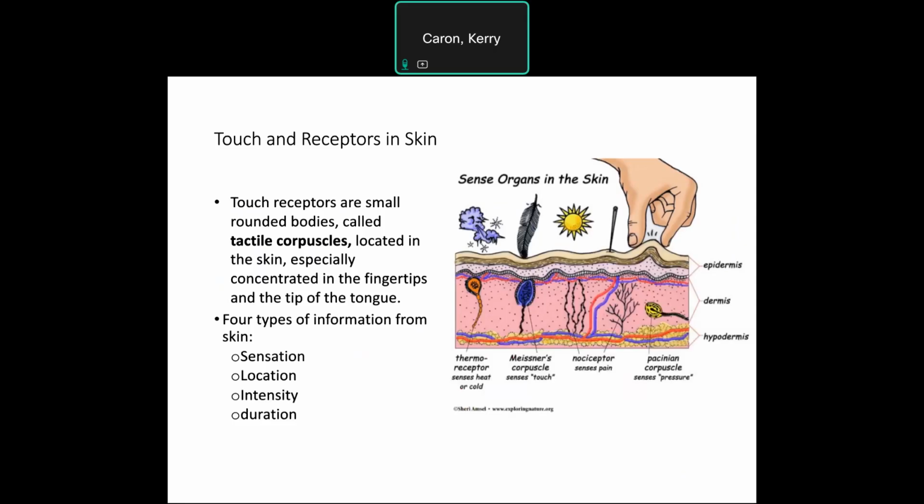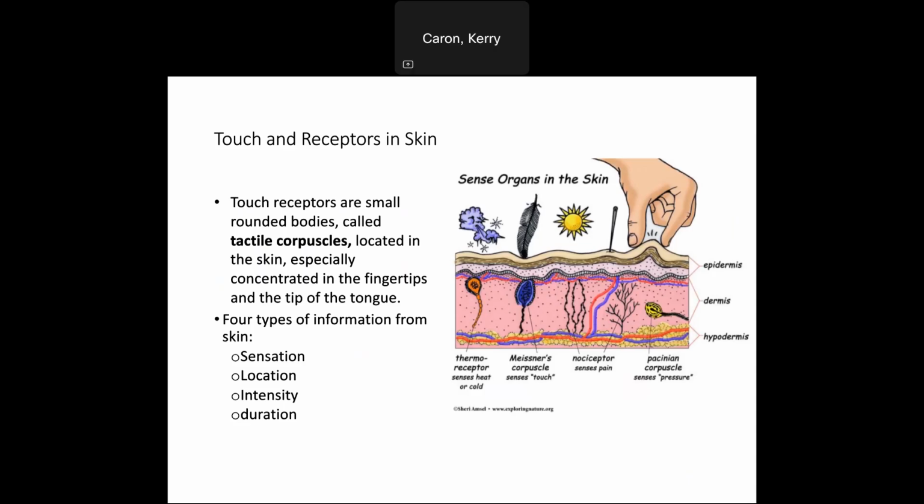We get sensations. So is it prickly? Is it soft? Is it cold, hot? All those kinds of things. We get a location where exactly we feel something. The intensity, so low to high, and the duration. How long do you feel that for?